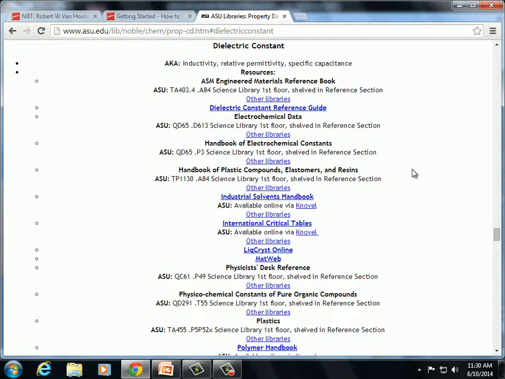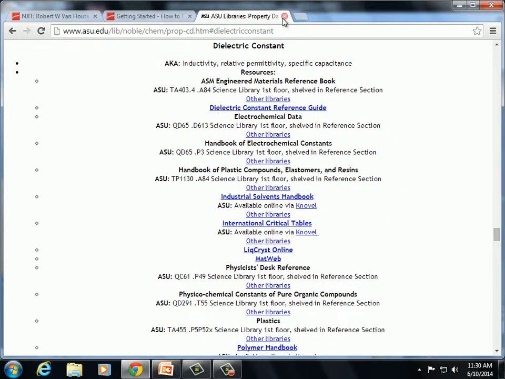Some of these we may have here at NJIT, but since it was compiled at Arizona State University, it would obviously include resources that they have, but not necessarily what we have here at NJIT. So that's a list of sources which have data on the dielectric constant.